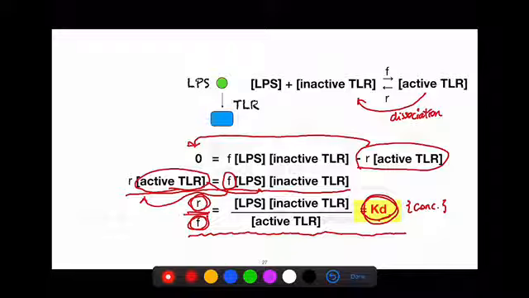So for example, suppose the forward rate happens at the rate of 10 nanosecond per molecule.